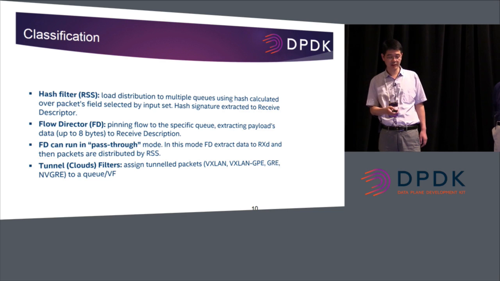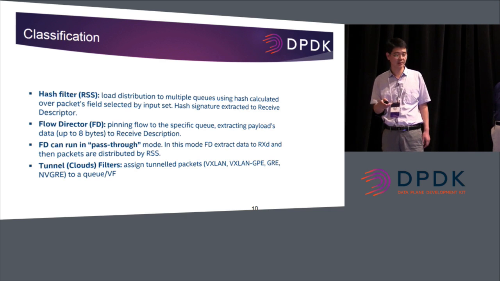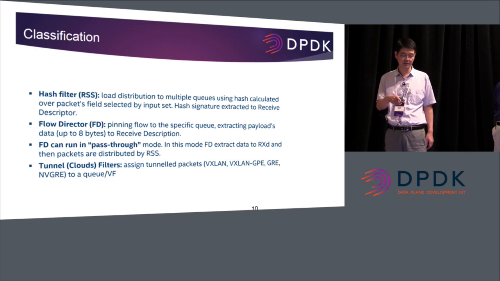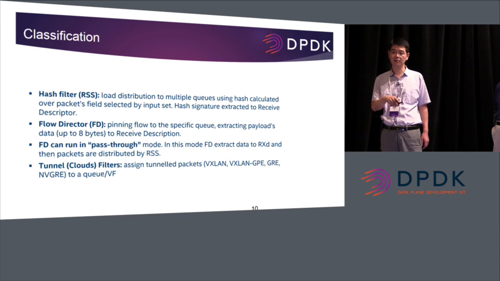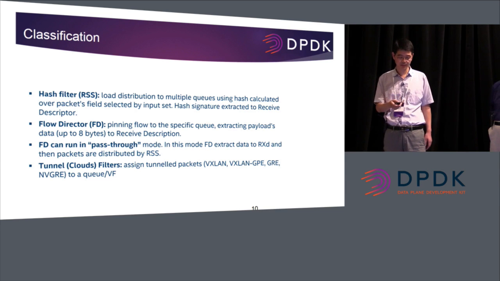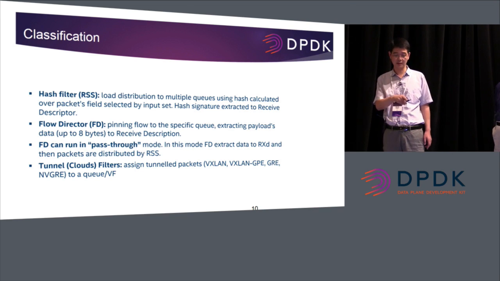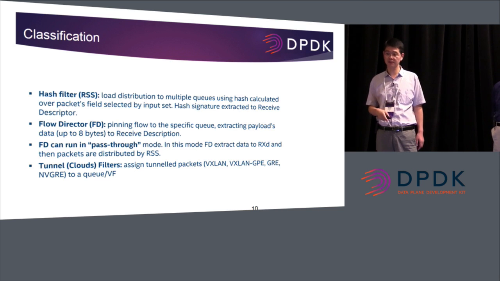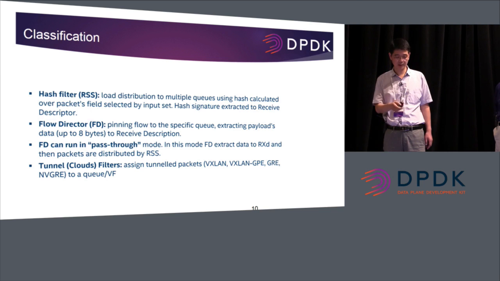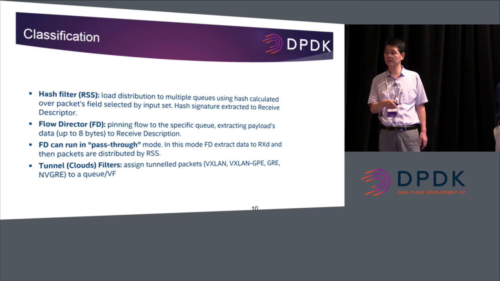And for flow director, it's actually Intel flow director, which can pin the flow of packets to a specific queue or some other destination. The flex payload byte is larger than the previous generation of NIC, and the flow director can run in pass-through mode.